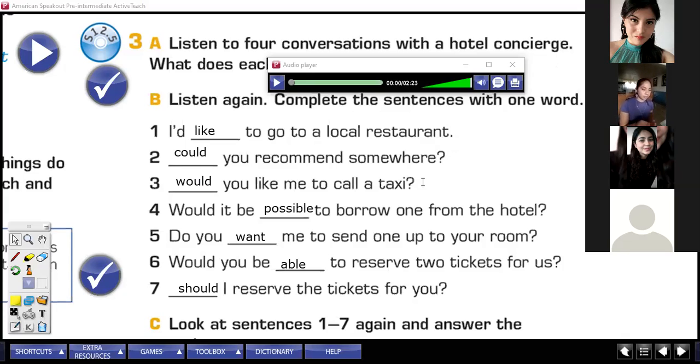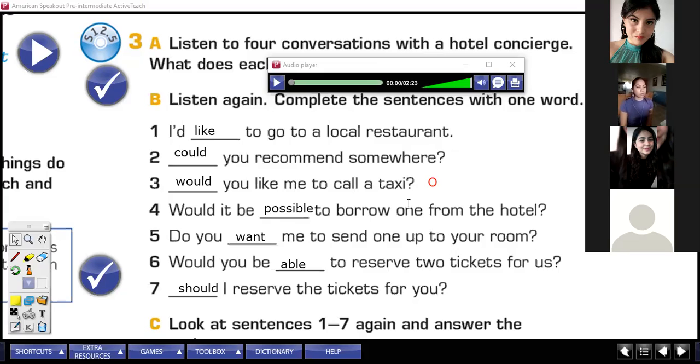Is an offer? No. Number 3. That is an offer. Would you like me to call a taxi for you? We use would you like me and one verb. Would you like me to do this for you? Would you like me to call you later? Would you like me to open the door for you? That is an offer.